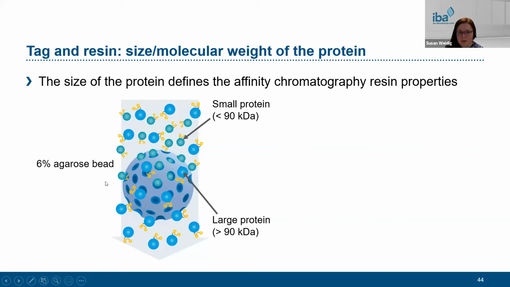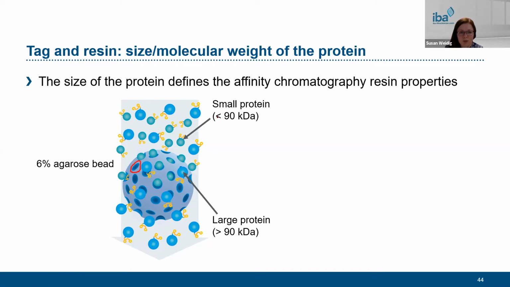Because mostly the affinity chromatography resin consists of agarose beads, and these agarose beads have a 6% concentrated agarose. And due to this high concentration of agarose, the pores of the agarose are, I will use the pen, really small.